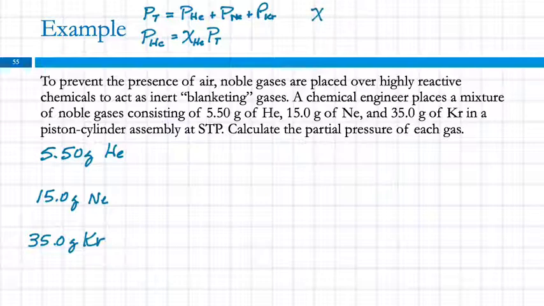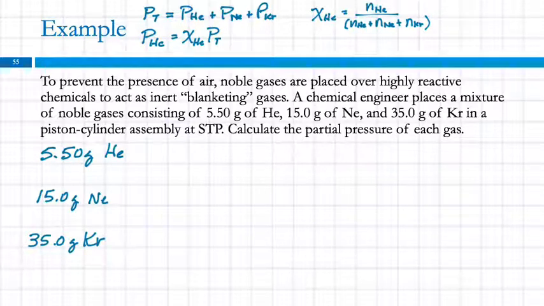The mole fraction of helium is going to equal the moles of helium divided by the total number of moles. Here the total moles is moles of helium plus moles of neon plus moles of krypton. So those are equations I just introduced you to.